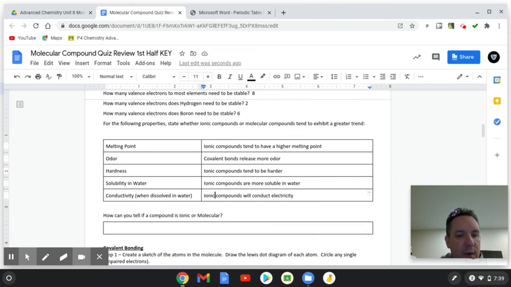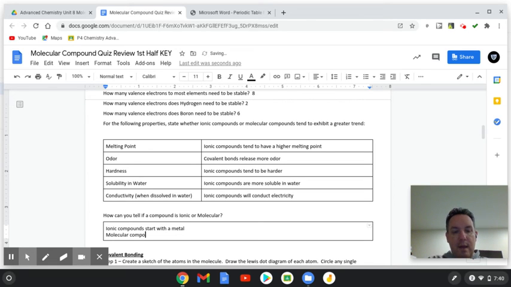Now, the way the questions are going to be asked is, I'm going to give you a couple compounds and ask you which of these would give off a stronger odor, or which of these would have a higher melting point. Now, what you're going to have to do is first identify if the compound is ionic or molecular. So you need to remember, ionic compounds start with a metal.